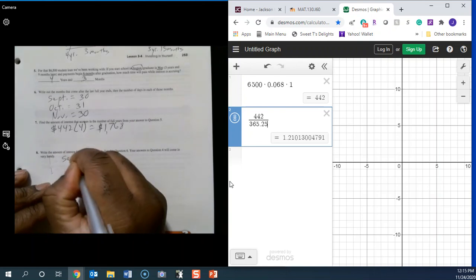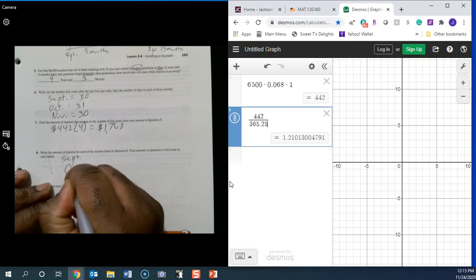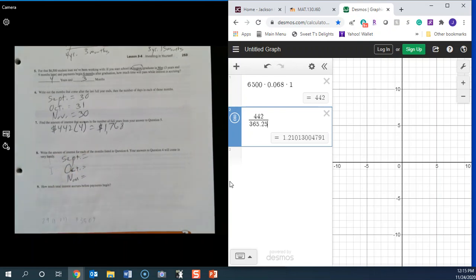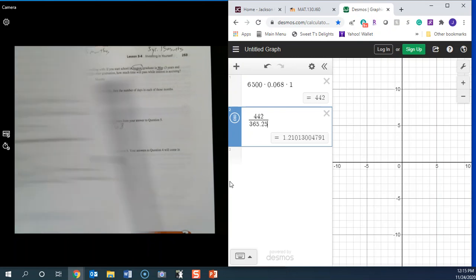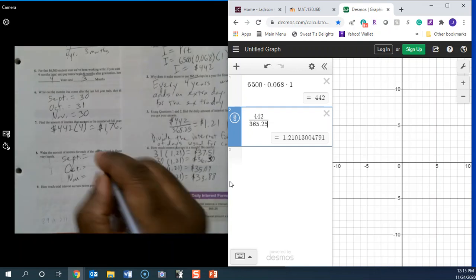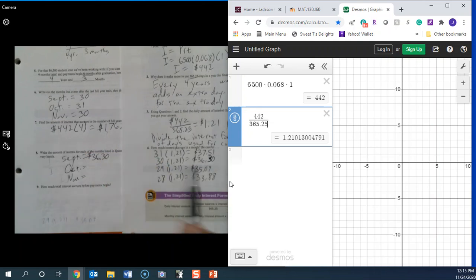So we will have September, October, November. And we could go back here to page, what was that? Page 252 at the bottom. Because remember, September has 30 days. So that'll be $36.30 would be how much interest accrued.